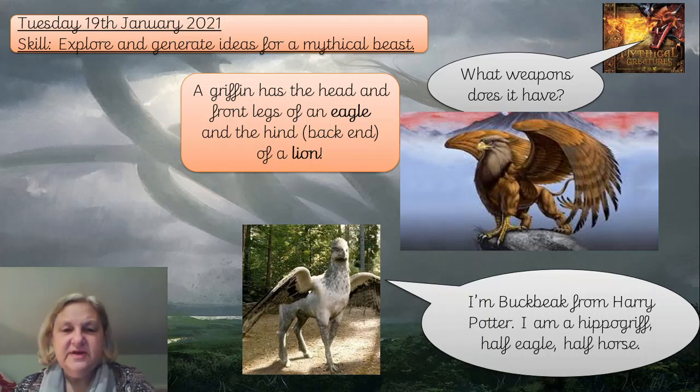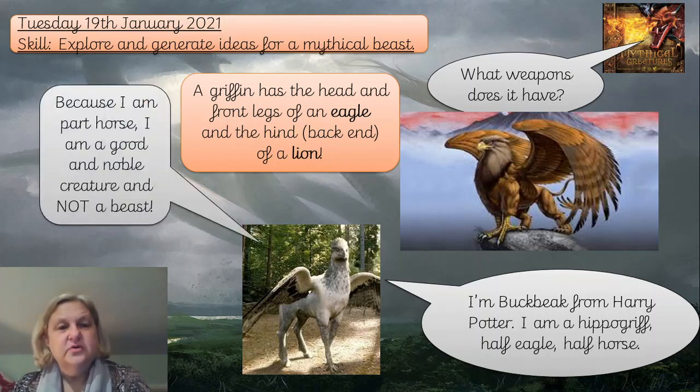So he's got the eagle, the bird front legs, and the wings and the beak. So if you look at him, he's almost like a full bird until you get to his back end, and then he's half a horse. I know in Harry Potter, the first time he meets him, he has to bow very, very carefully, so that he shows his respect before he can approach the hippogriff.